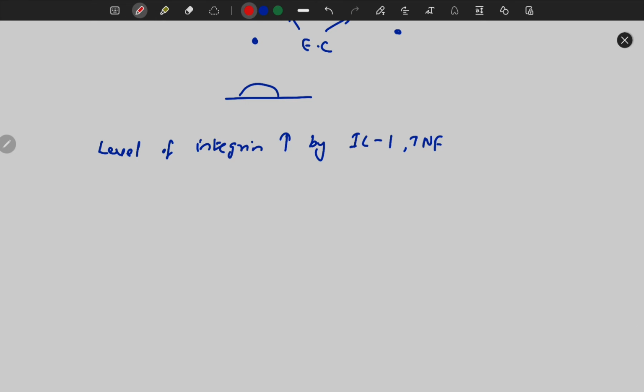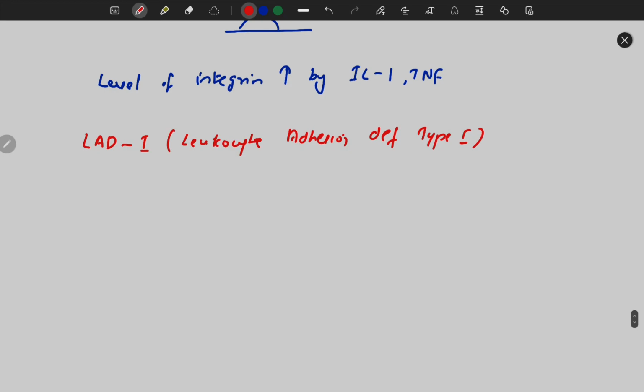Another clinical point which I would like to discuss here is LAD1, leukocyte adhesion deficiency type 1. It is also an autosomal recessive disorder.